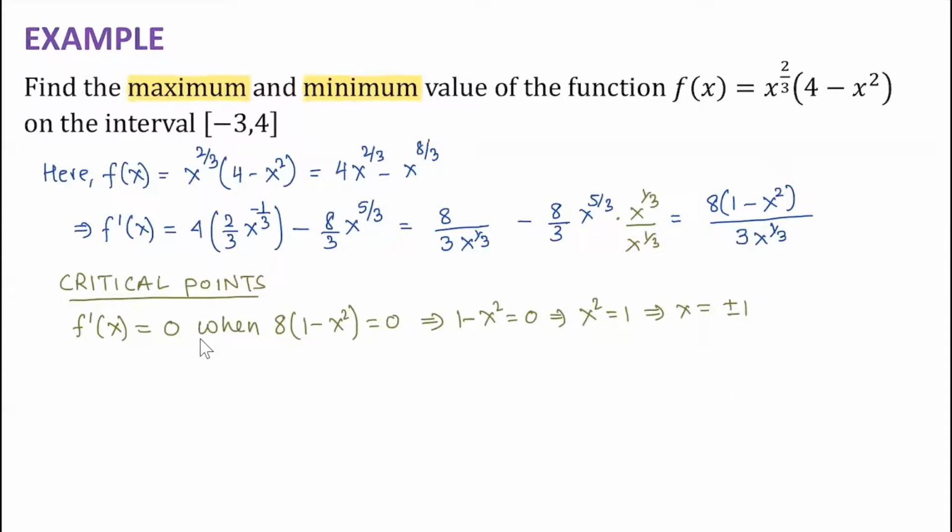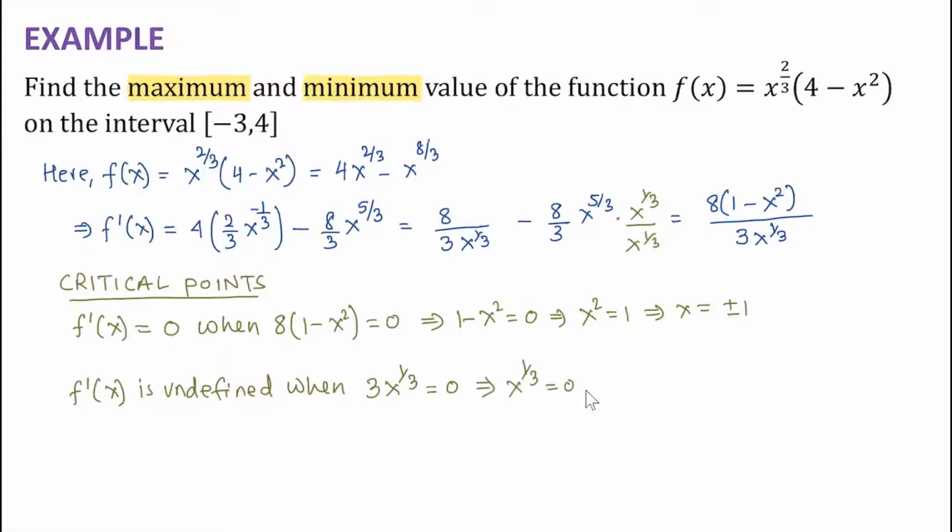Now the second case is, the first derivative is undefined. The first derivative is undefined when, so this is my first derivative. It's a fraction. It will be undefined when the denominator is 0. That is when 3 times x to the 1/3 is equal to 0. If you divide on both sides by 3, it will be x to the 1/3 equal to 0.